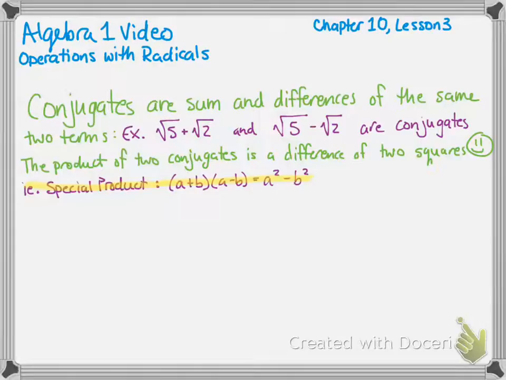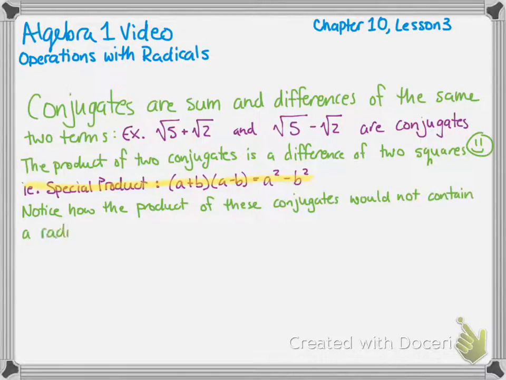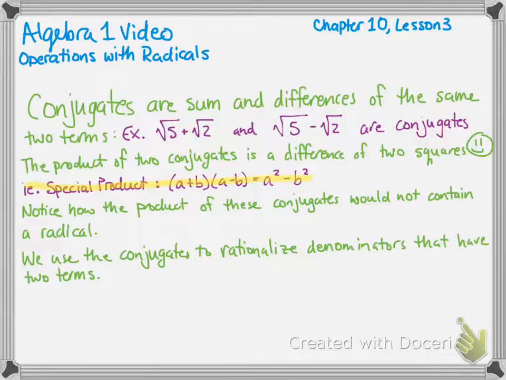All right, so let's go ahead and look at it. Notice how the product of these conjugates would not contain a radical, because basically you're squaring both of them to get rid of both of them, which is great because we can use it to rationalize denominators. So we use the conjugates to rationalize denominators that have two terms.